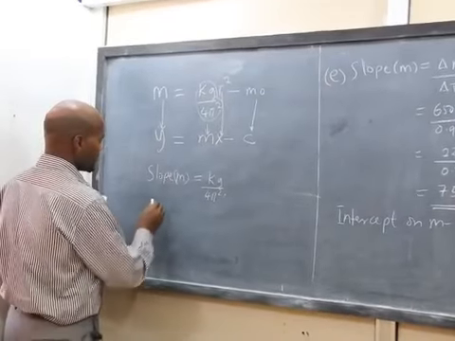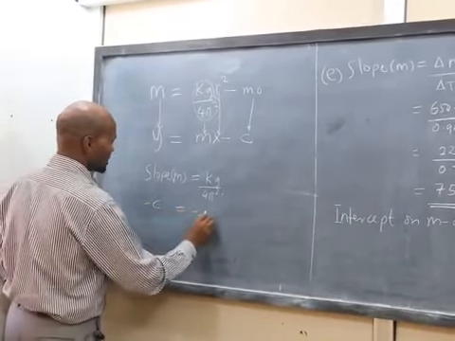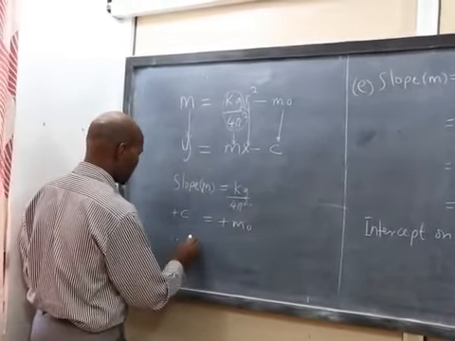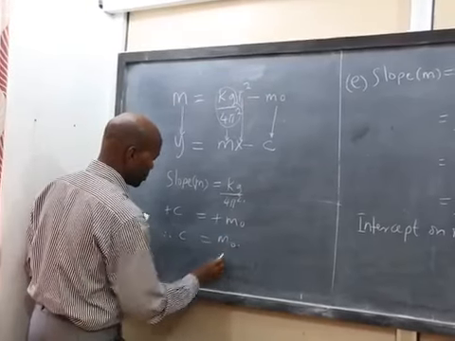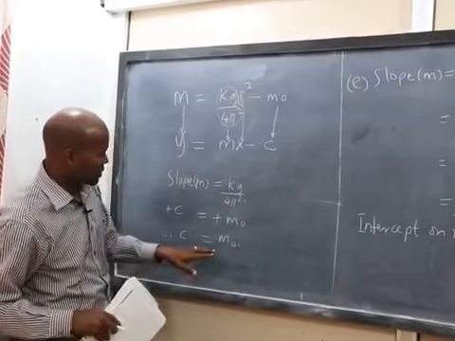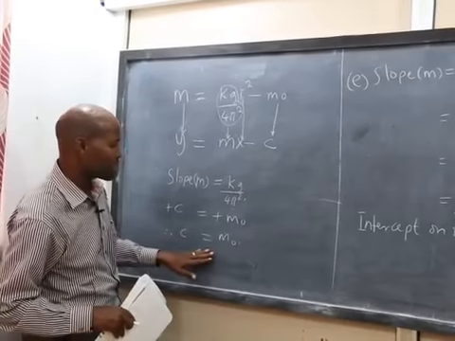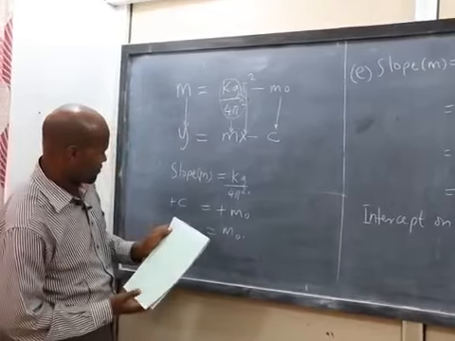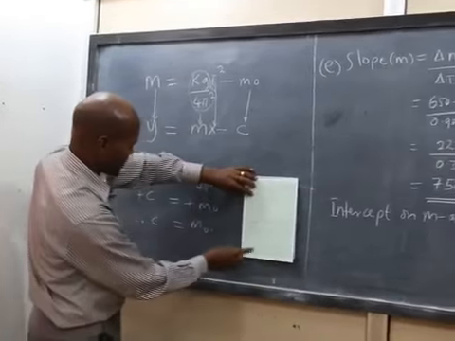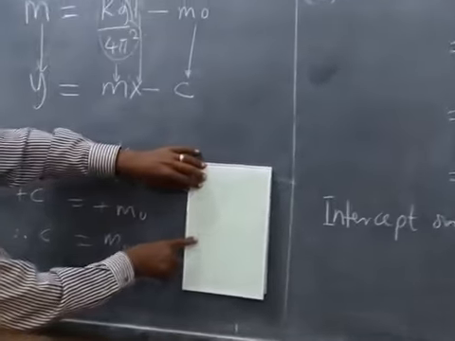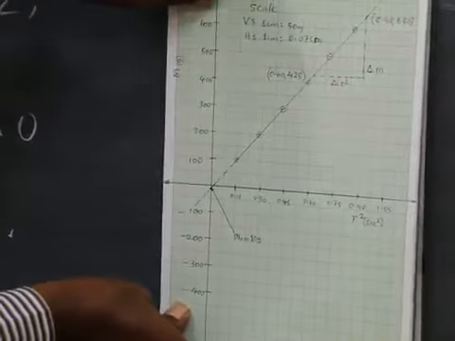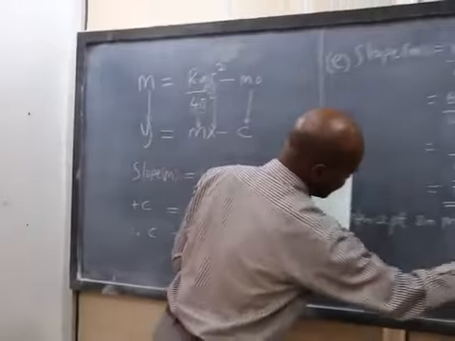Our intercept, minus c, equals minus m naught, so this becomes positive. Therefore c equals m naught. So we get the mass of the spring from the m intercept in the graph, which is approximately 10 gram.